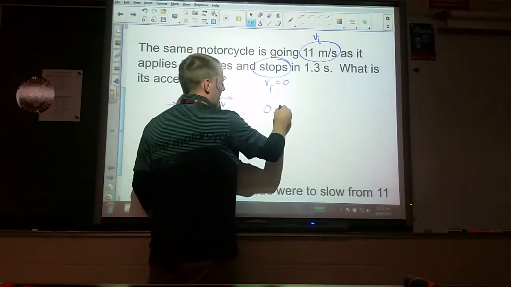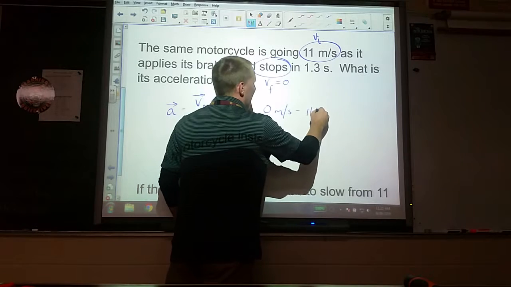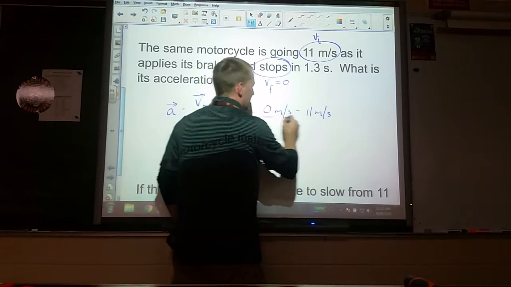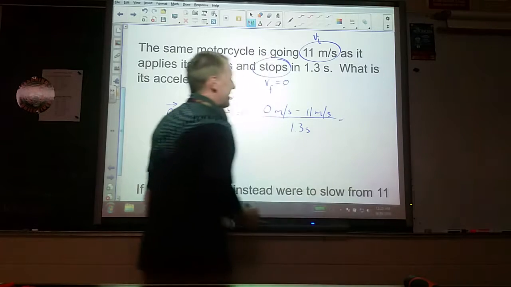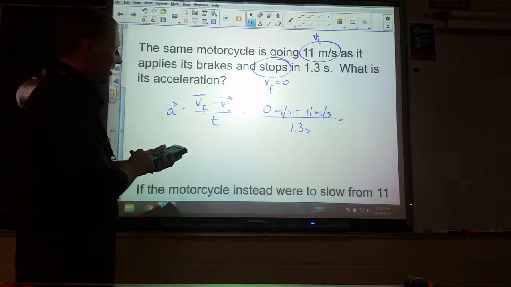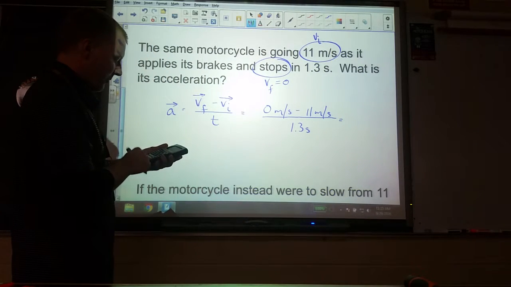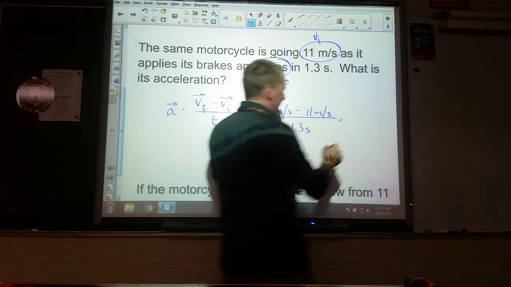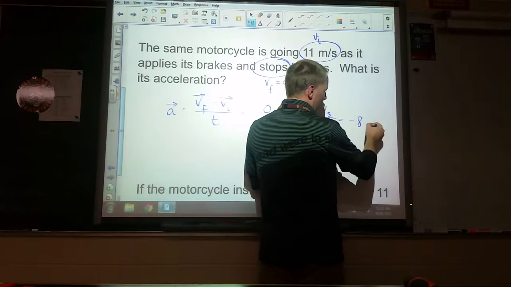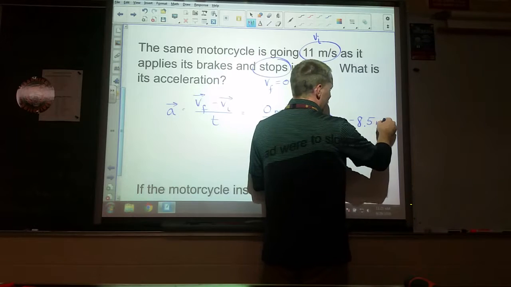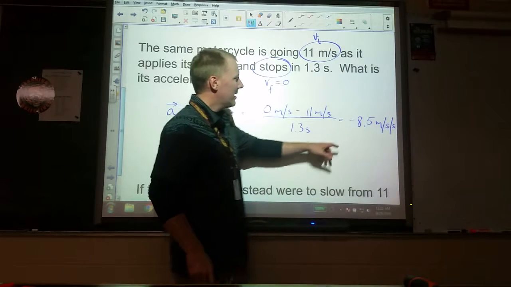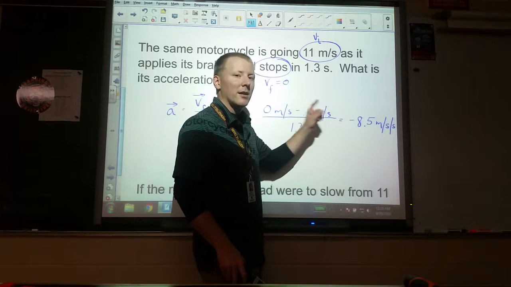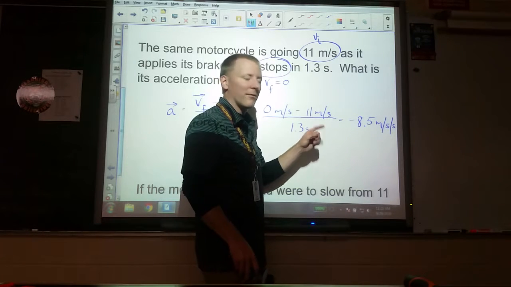I'd have 0 minus 11 meters per second over the time it took, 1.3 seconds. So I'd take that negative 11 divided by 1.3, and I'd find a negative 8.46, so negative 8.5 meters per second again. So this is indicating that the acceleration is actually in the opposite direction of the velocity.